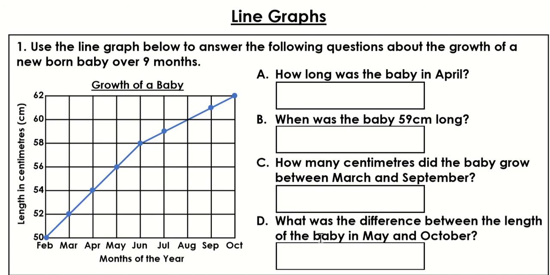What was the difference between the length of the baby in May and October? Right, so again, need to figure out how long it was in May, which if we find May on the months of the year, follow up to our point of information, go across, 56, so we've got 56, and then we have got October, find October, which is here, go up to 62, right, so we've got 56 and 62.